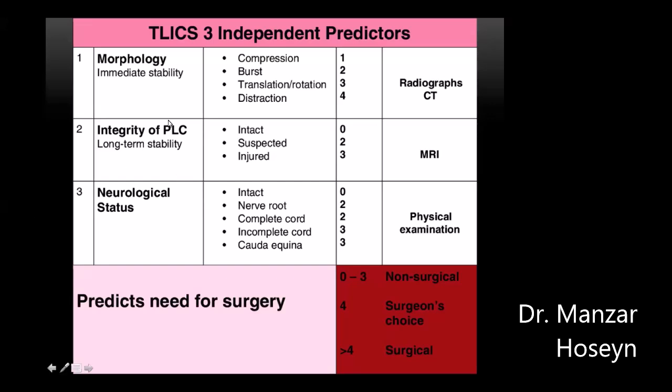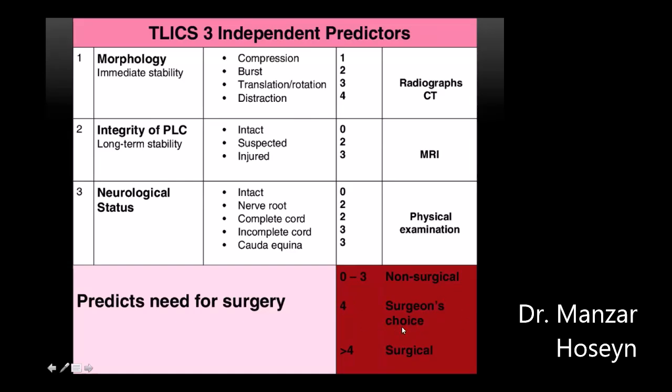Every component has a number, and all these numbers are added up, and they come up with a score. In general, if the score of all the factors is more than 4, it's a surgical patient, and if it's less than 4, then it's a non-surgical patient. The number 4 depends upon the choice of a surgeon.